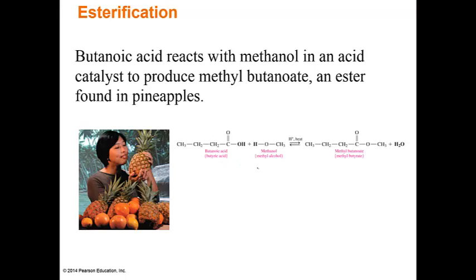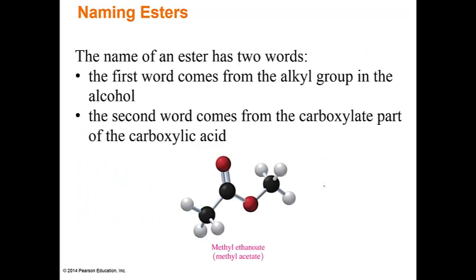So butanoic acid, methanol, methyl butanoate. The name of an ester has 2 words. The first word comes from the alkyl group in the alcohol. The second word comes from the carboxylate part of the carboxylic acid. So this would be methyl acetate, or methyl ethanoate.